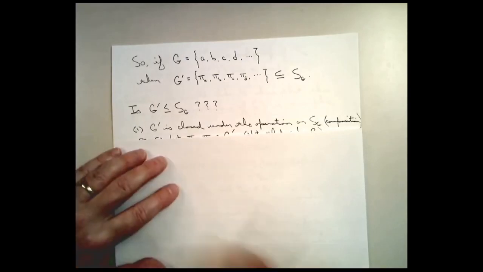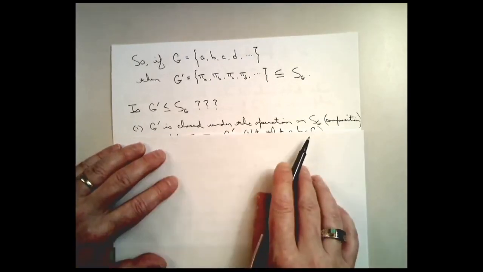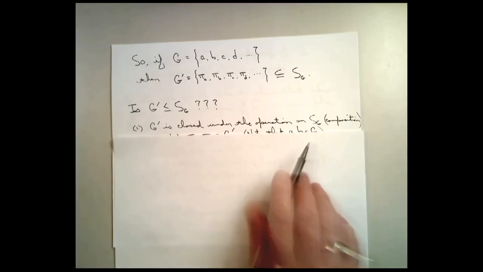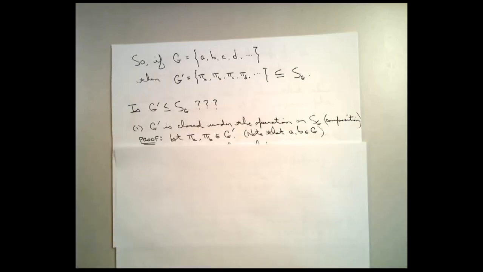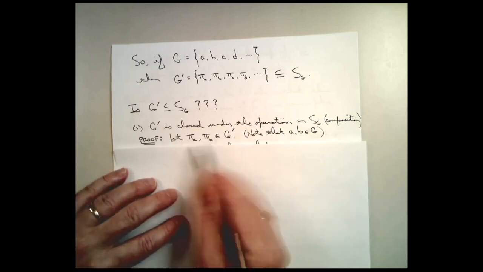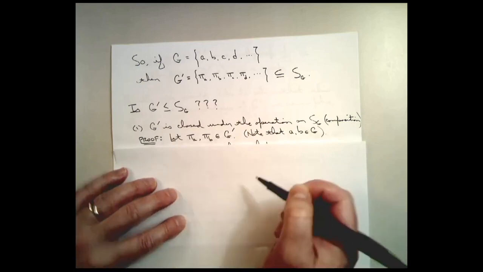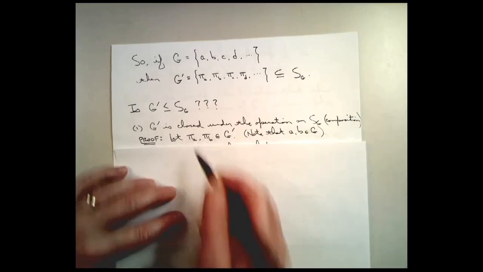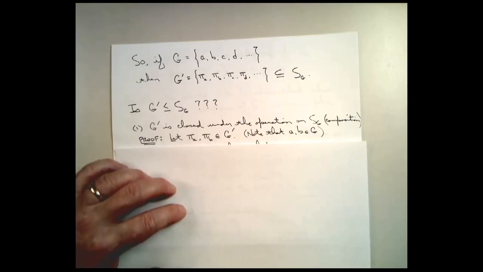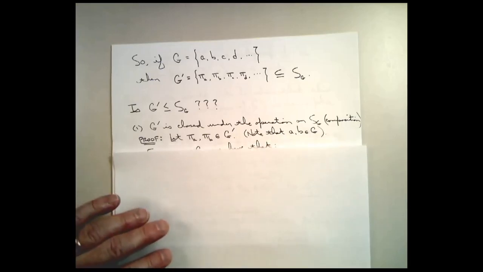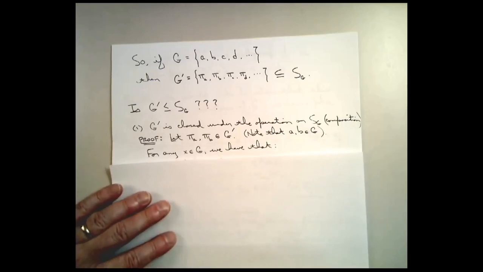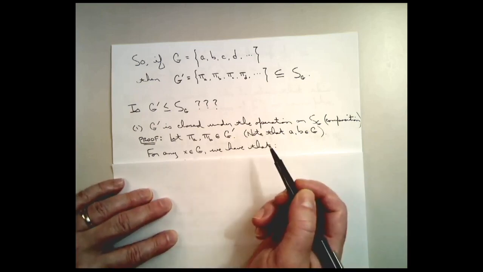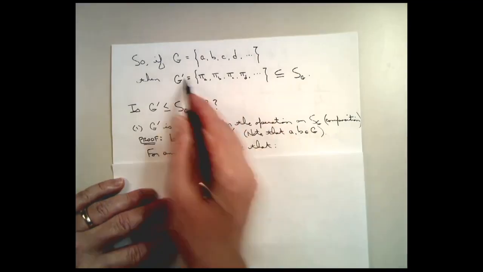So let's begin by showing that this set G prime is closed with respect to the operation of composition. All right, so how do I do that? I pick two elements out of G prime, call them pi sub A and pi sub B. Of course, that means that A and B are in G. That's where these pi's came from. And we want to show that their composition is also in G prime.